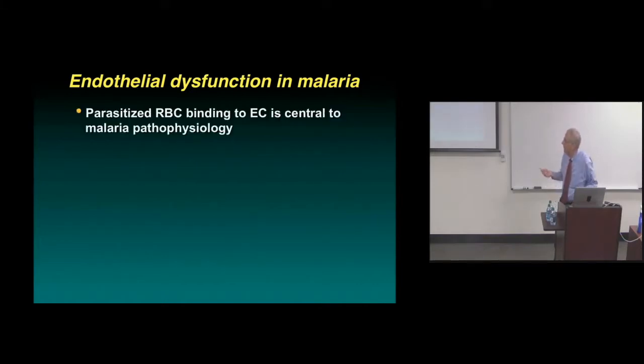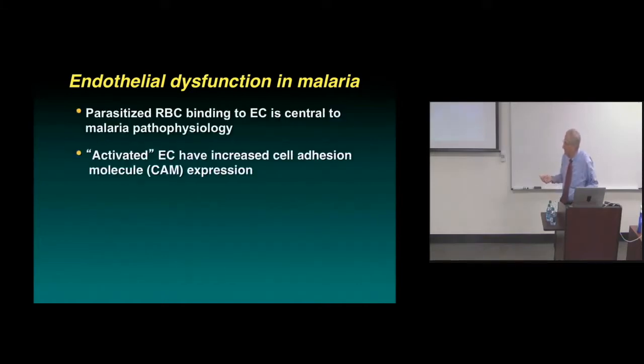So they do bind there. And activated endothelial cells have the increased cell adhesion molecule expression. And we didn't make the original observation. A lot of people noticed in the patient with malaria, there are a lot of cytokines that are high. Important there is tumor necrosis factor. And TNF is one cytokine that causes increased cell adhesion molecule expression in endothelial cells. So once again, that cell is going to be binding there.